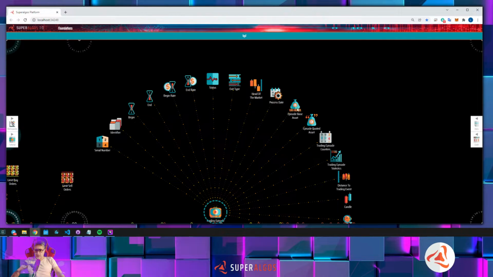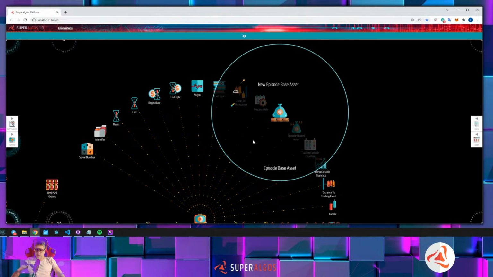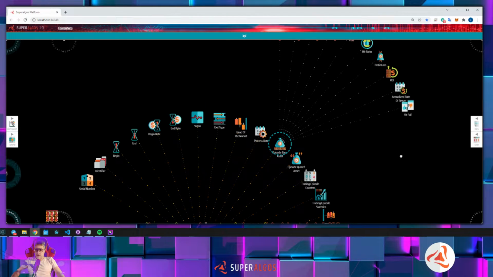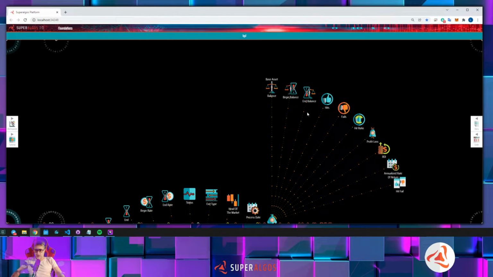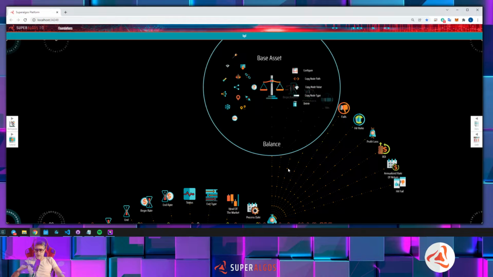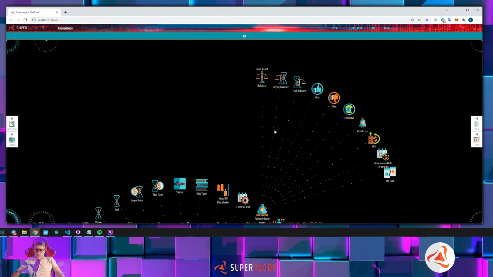Today we have the episode by asset, episode quote asset. We just need one more node here, exchange balance, and we would have the balance, begin balance, end balance.